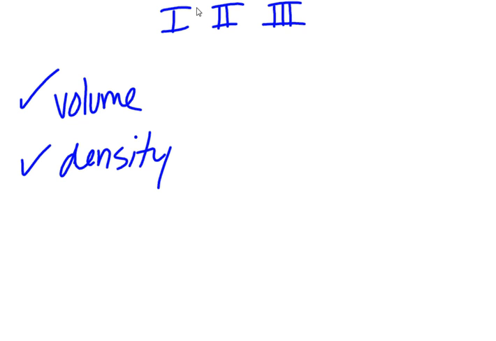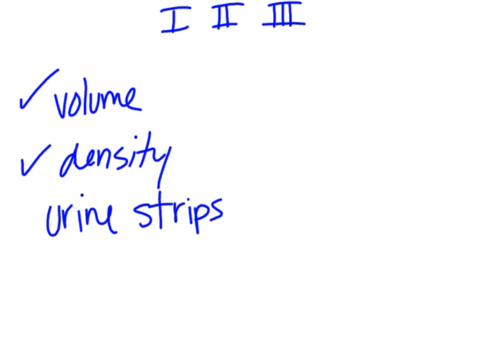Now, you also did urine strips. With the urine strips, I only want you to report any differences that occurred. For example, if the pH of your urine changed from salt water versus no salt water, then you want to report that, and of course you'd have an applicable table to go along with it, because you should have some values to go with the color matching from your strip.